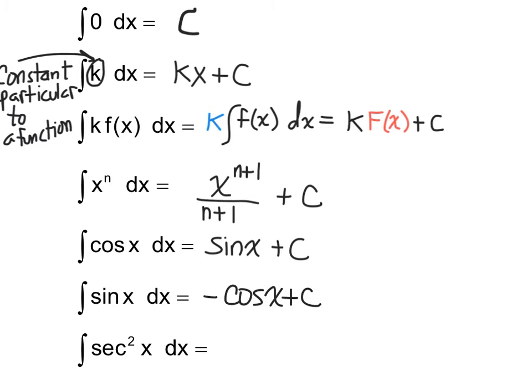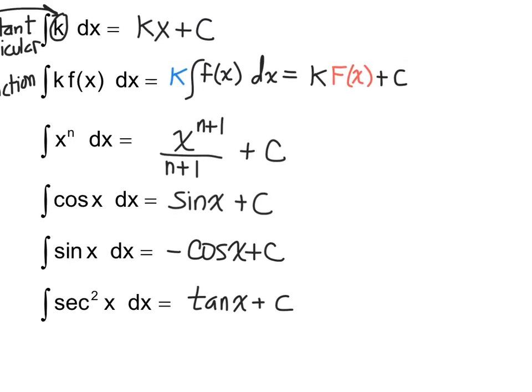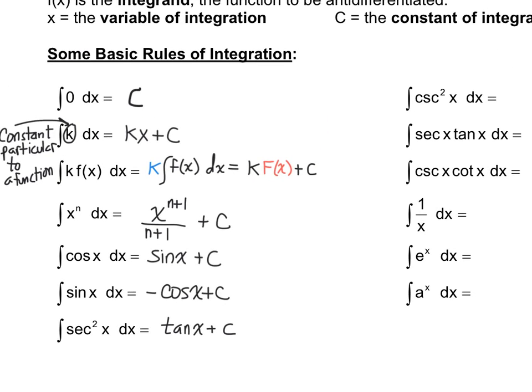Antiderivative of secant squared? Tangent plus C. We've got a whole list of rules here, and I don't know that you would need to memorize a lot of them, because it's just what would give me a cosine if I took its derivative? Sine. What would give me a sine if I took its derivative? Negative cosine, and so on.